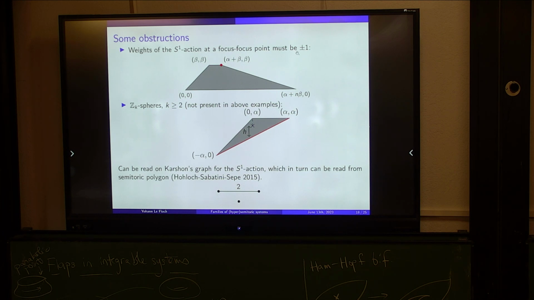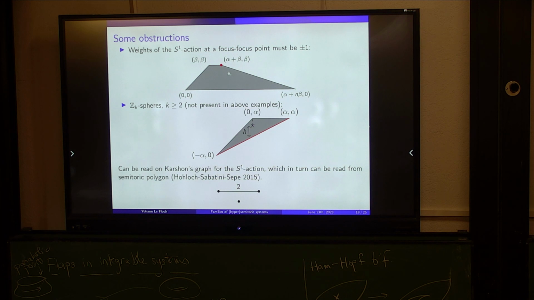So what does it mean? Near a fixed point of an effective Hamiltonian S1 action, you have a normal form in terms of 2 integers. And these integers are the weights, and they must be -1 and 1 when you are at a focus point. But okay, you can be an elliptic point and have weights different from -1, 1.